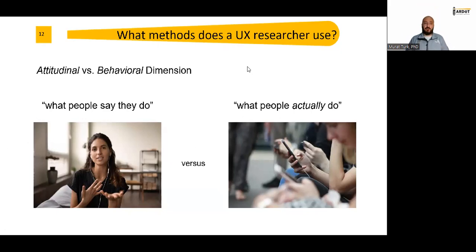So in UX research, we have some attitudinal data resources, and we have certain methods that we use to get attitudinal data. Attitudinal data basically is about what people say they do, okay? So attitudinal research methods basically rely on self-reported data, right?